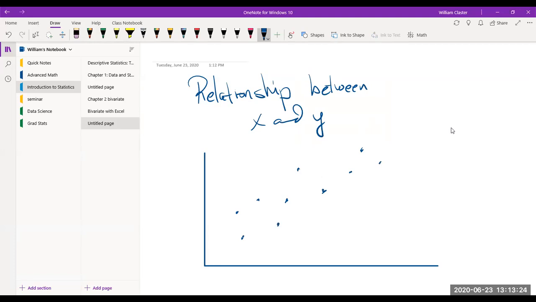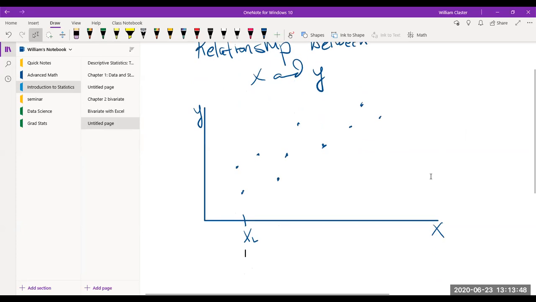The idea is, by relationship I mean if you know the value of one of the variables, here's X and here's Y, the two variables. If you know, for example, that X is quite low, or anyway, you know the value of X, does that assist you in knowing the value of Y?